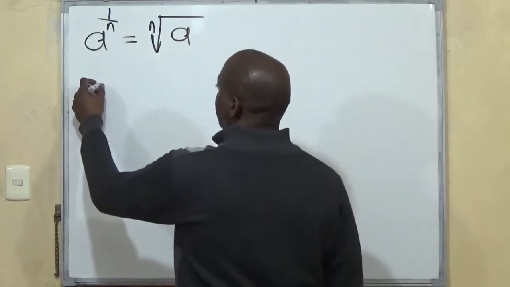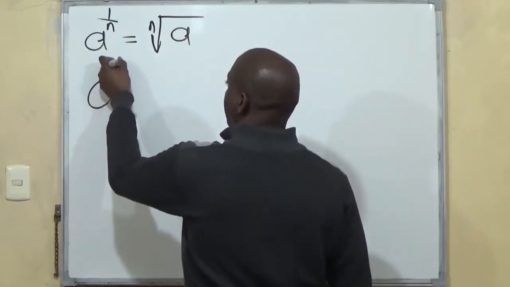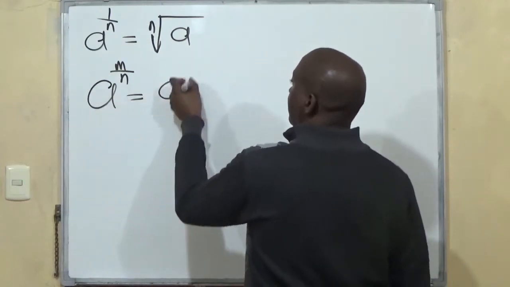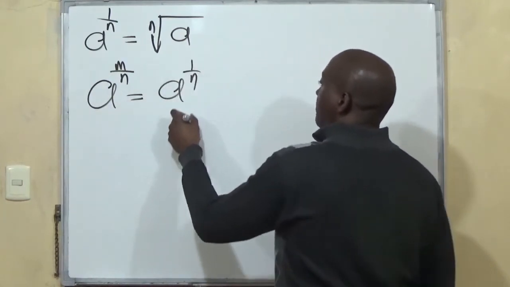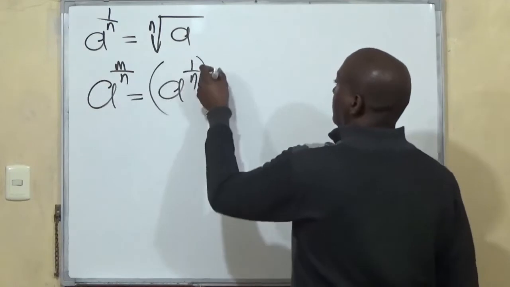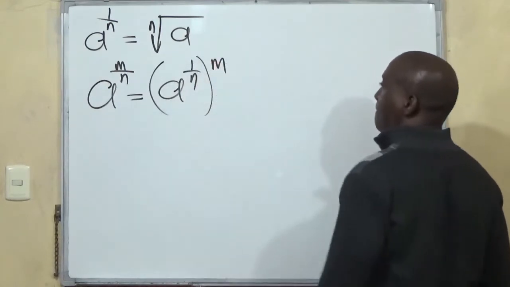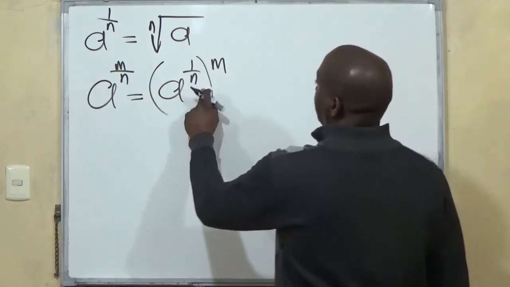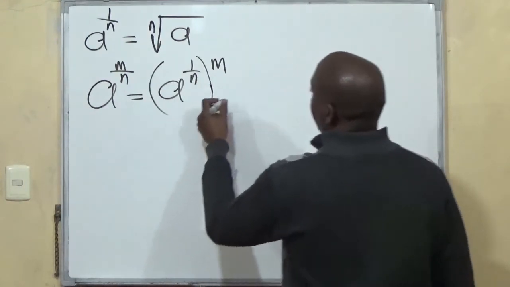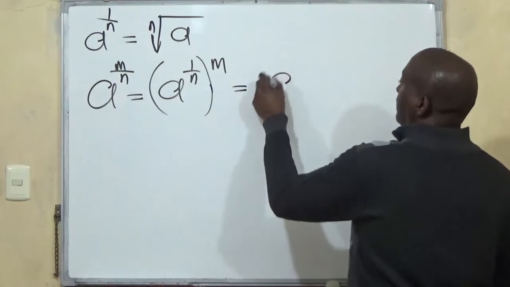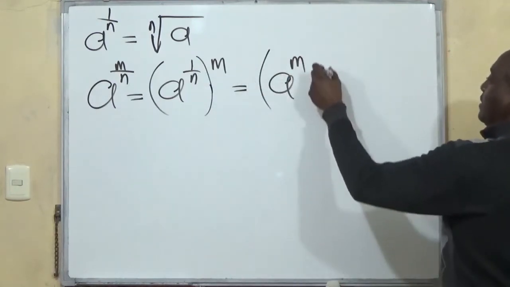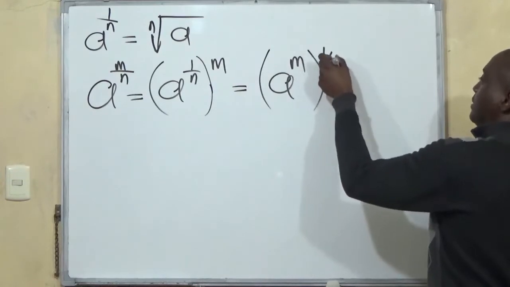We said that a to the m over n is a to the 1 over n in brackets to the power of m. And we also said that that was equal to a to the power of m in brackets to the power of 1 over n.